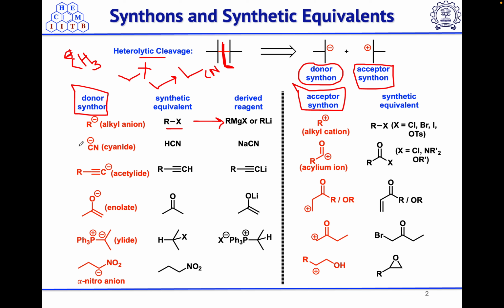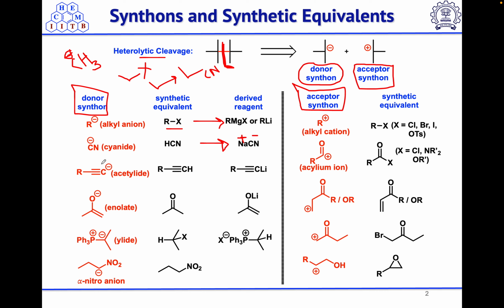But cyanide ion does not exist in pure form, so we need to get some reagent. From HCN we can generate NaCN, and this NaCN is the reagent, Na+ and CN-. This is basically a salt, so it exists in ionic or salt form. So cyanide ion we can get from NaCN or potassium cyanide.